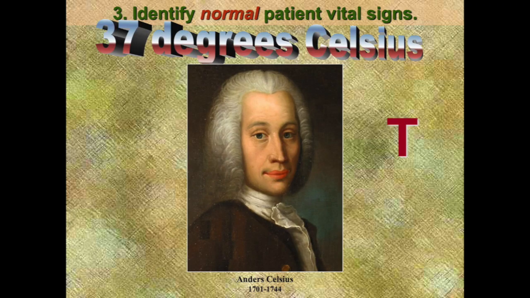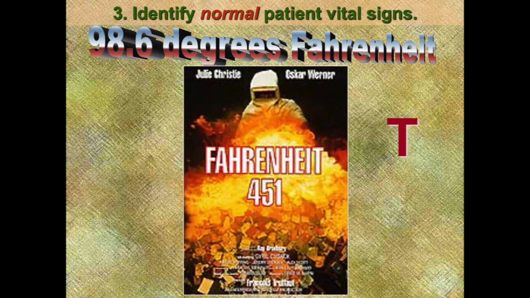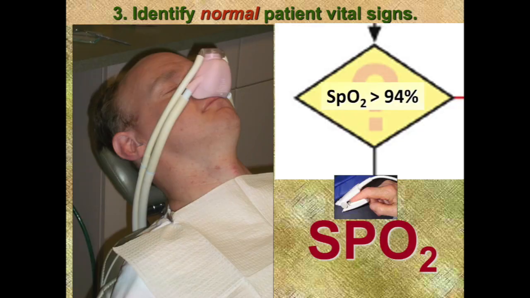Normal temperature is 37 degrees Celsius, as we talked about before, or 98.6 degrees Fahrenheit. Normal pulsatile saturation of oxygen, some textbooks will say greater than 92. I sure like greater than 94.